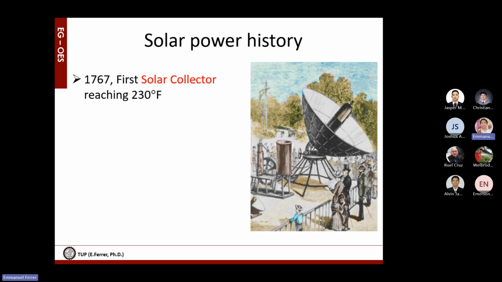In 1767, the first solar collector is able to reach 230 degrees Fahrenheit. Ano yung temperature niya sa Celsius? Kumukulo na to di ba? But this is about 100 into 230 degrees Fahrenheit. Kaya na mag-produce ng steam niya ito.